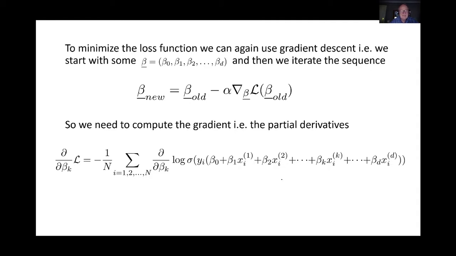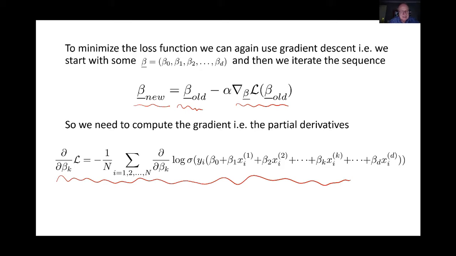To do gradient descent, we take the value of these parameters, subtract a multiple of the gradient, and that gives us our new updated set of parameters, and we iterate this many times. So this does involve computing the gradient with respect to these betas. So we need to compute these things here.